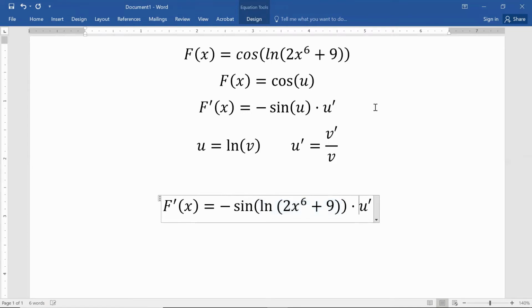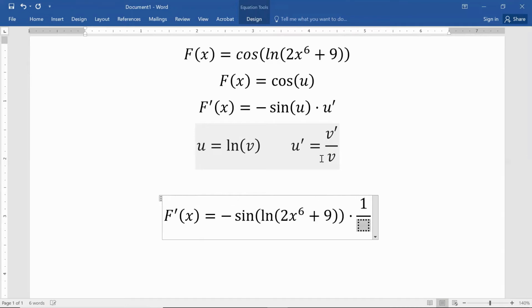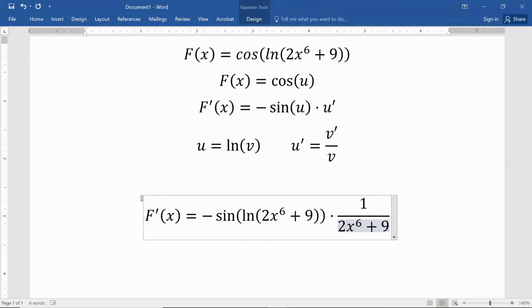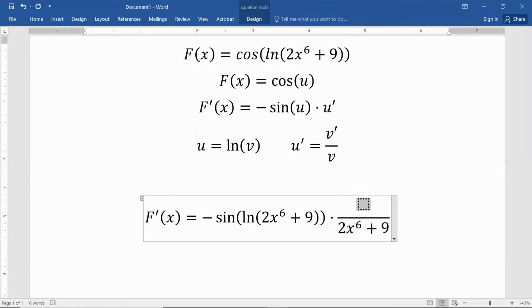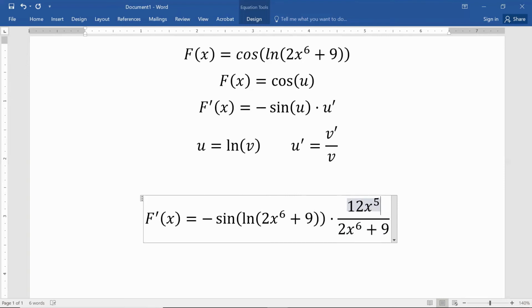And then we're going to multiply times the derivative of that natural log. Derivative of that natural log is 1 over 2x to the 6th plus 9 multiplied times the derivative of the inside function, which is the derivative of 2x to the 6th plus 9. That's 12x to the 5th.